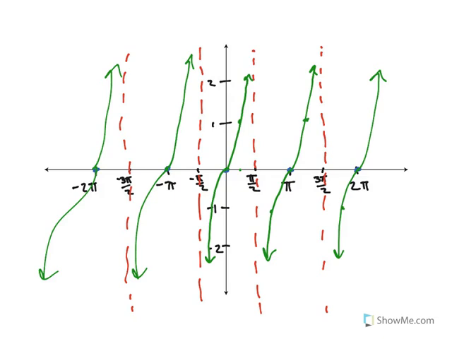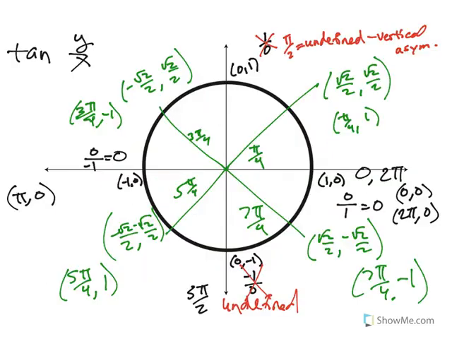Not too shabby. Okay, well, how do you think this impacts the cotangent function? So let's go back to our really messy unit circle here. Because remember, the cotangent is going to flip. If tangent is y over x, then the cotangent is x over y.